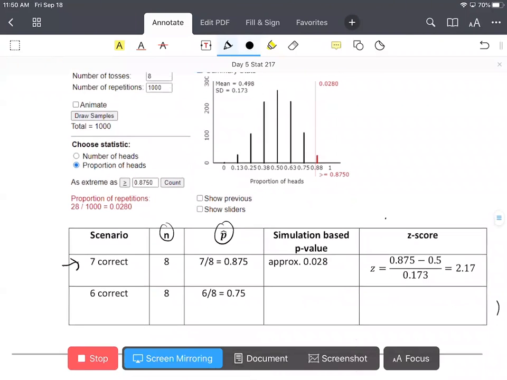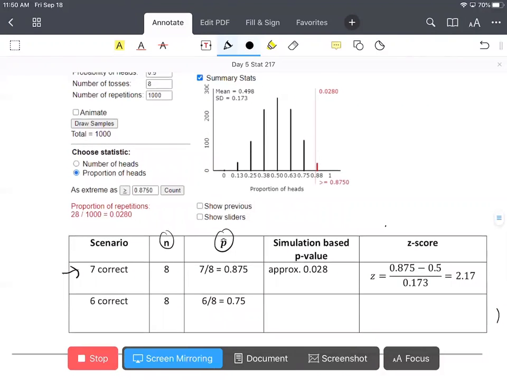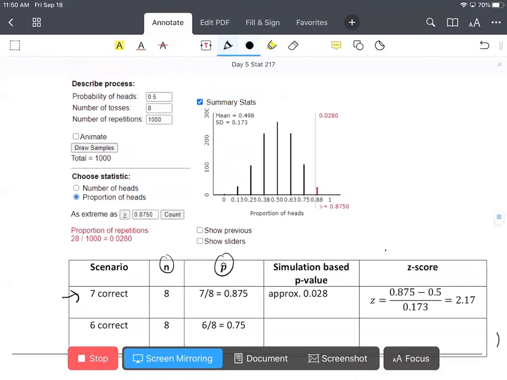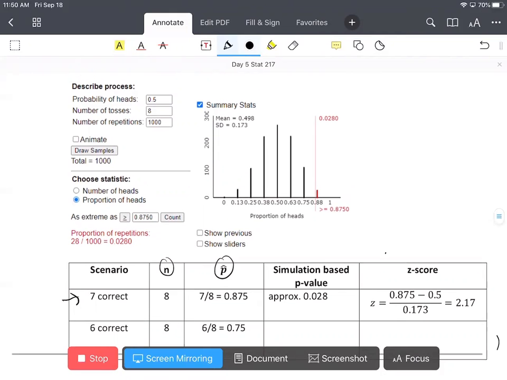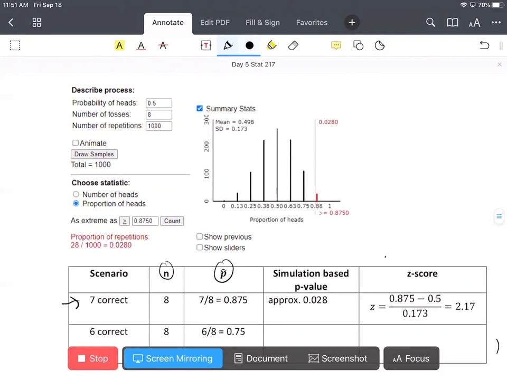I used my new null distribution here when I did this. It may be a little bit different than when we did the original, because each time we generate that null, it'll be a little bit different. So in this case, I'm going to first look at, I've got 0.875, so this must be my 7 correct.